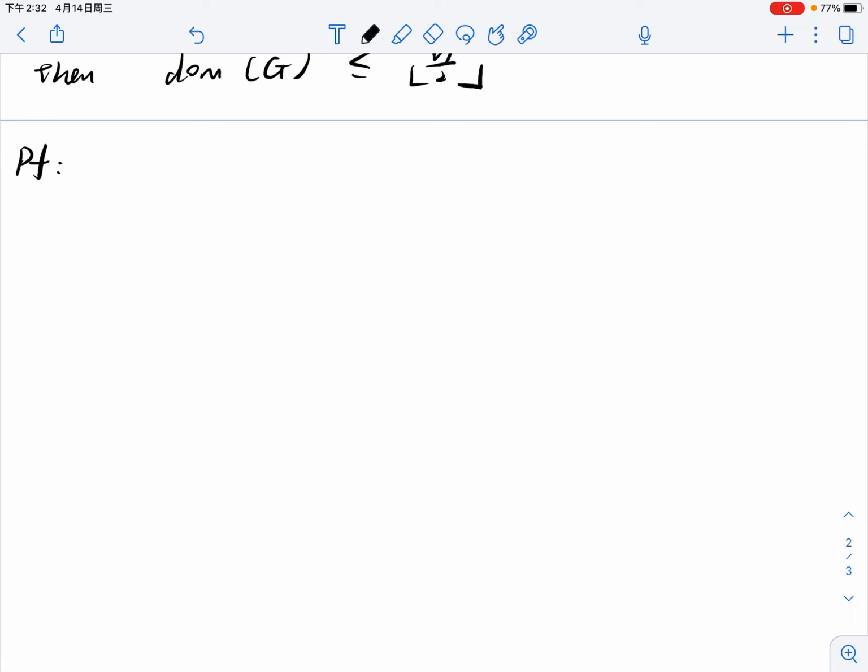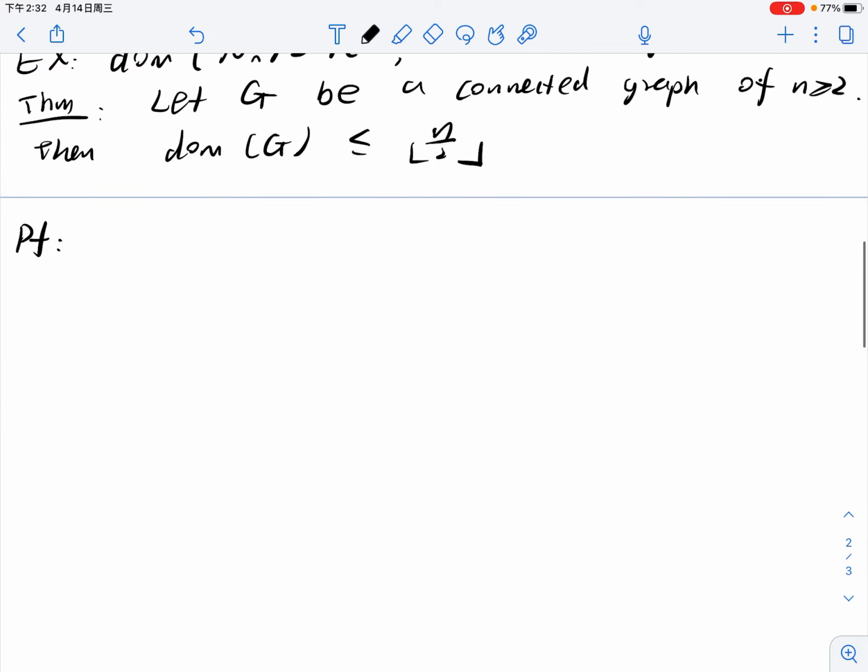Geometrically, this can be easily understood: whenever you have two adjacent vertices, you just choose one, and the other one will be dominated. Therefore, on average, you only need half of the vertices.